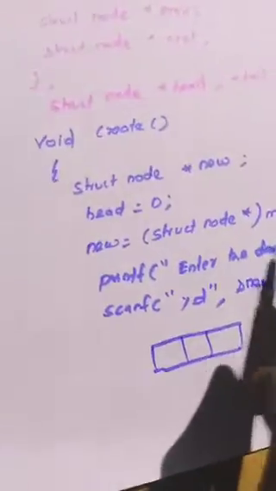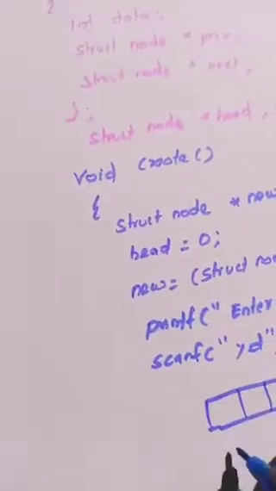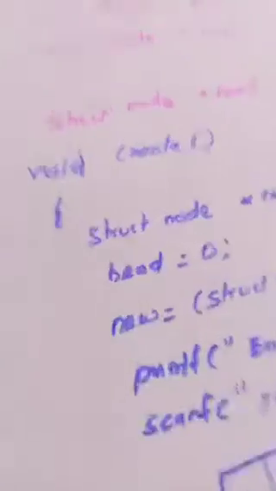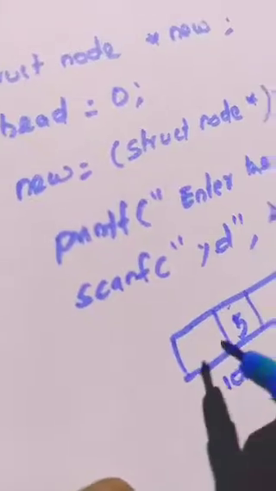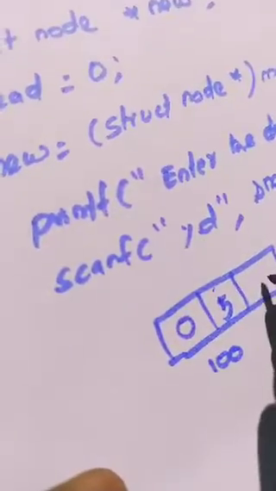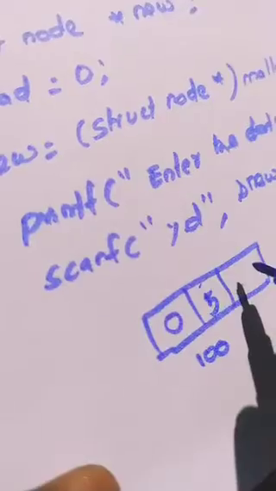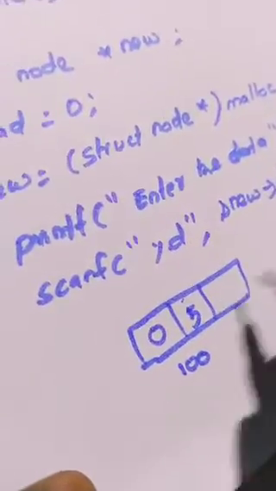Now at this point, this is the sample one. For example, after allocating the memory space, I can consider it as 100. Okay, so it allocated the memory space 100 for me, and my data is going to be, for example, 5. Okay, now I don't have any previous data, right? So it's 0, and this is the first node. I'm entering the first node, so I don't have any next node also.